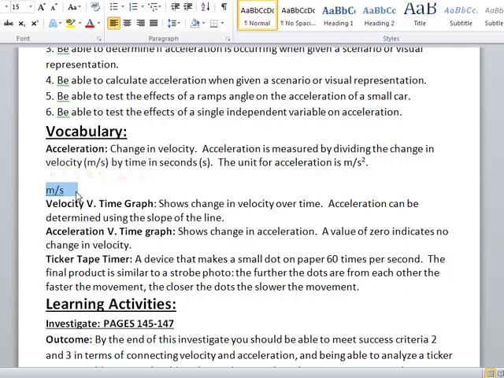Okay? Per time. So let's say that someone goes from 0 to 60 meters per second. So again, this is their velocity. So they go from 0 meters per second to 60 meters per second. And they do this in a time of, let's say, 6 seconds.